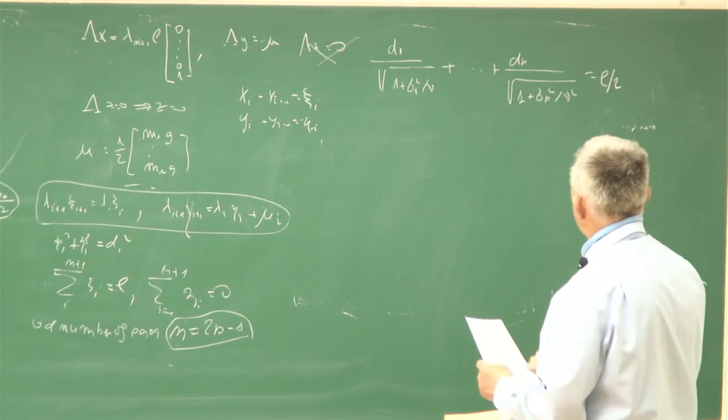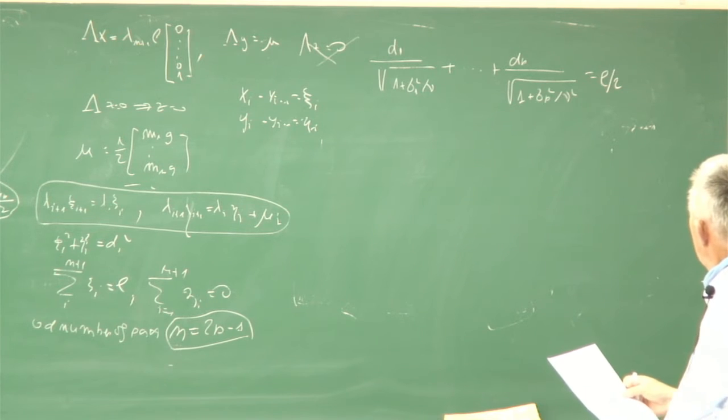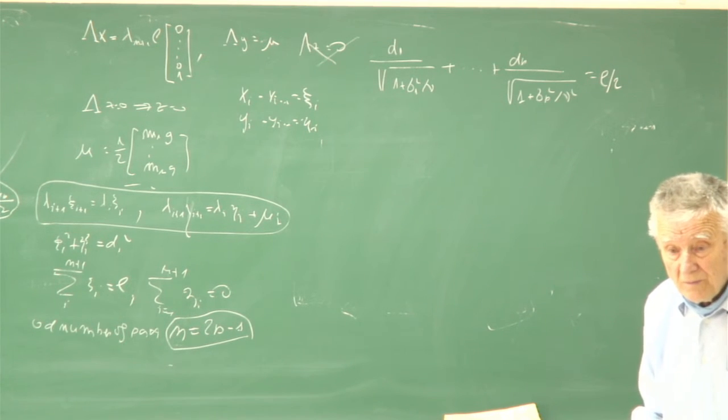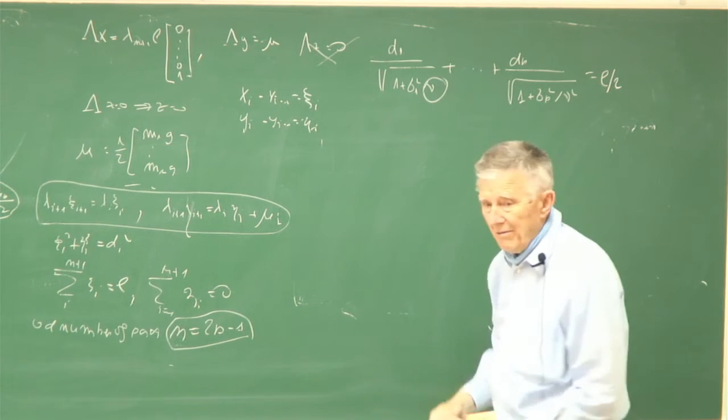Now, what we get here, what's that? What is known, what is unknown here? There is only one unknown, and that's nu. Everything is eliminated. This is the only variable which has to be found.